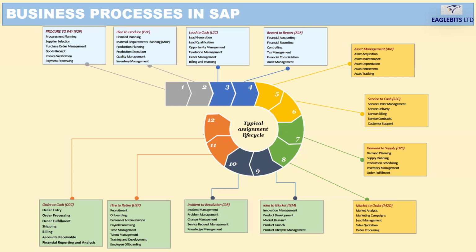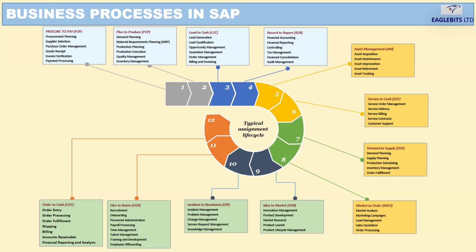There is the demand to supply, which ranges from demand planning to supply planning, production scheduling, inventory management, order fulfillment, as the case may be. Then there is the market to order. There is the idea to market, incident to resolution, which is the incident management business process.